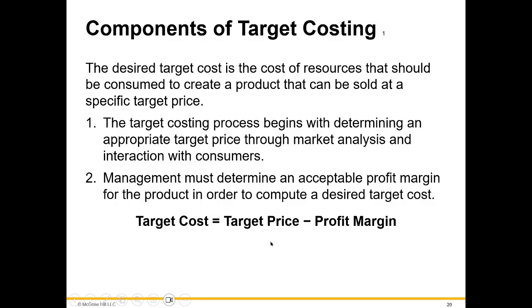So notice an important component of the target cost is what price can be charged. Then we want to have an acceptable profit margin. We want to make some money, and it's got to be a certain percent to get to our target cost. That'll be the difference between the target price and the profit margin.